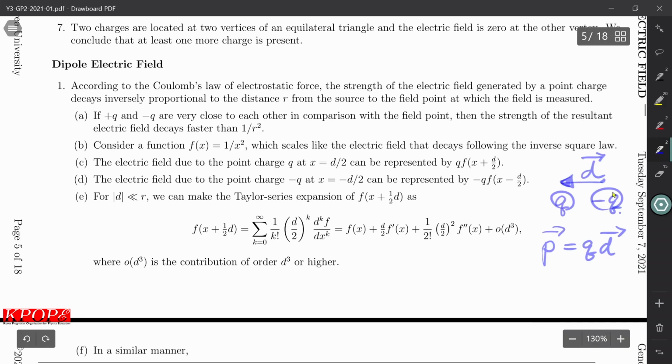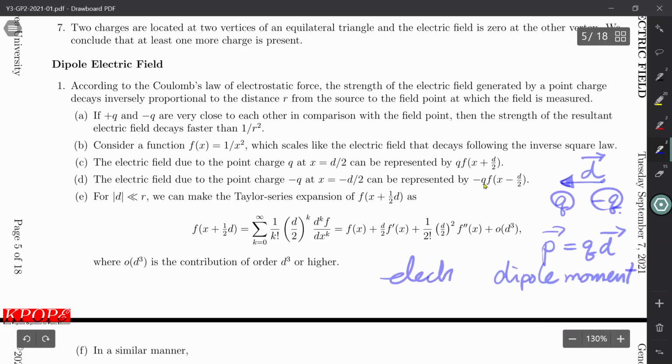If the separation between the two charges is d, then the product of charge q multiplied by the displacement vector d from the negative charge to the positive charge, qd, is the electric dipole moment.